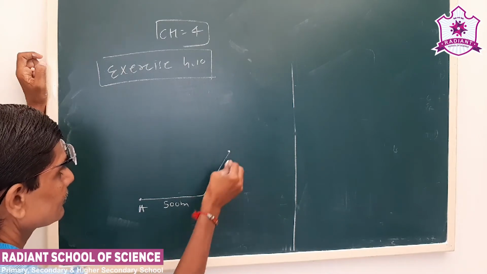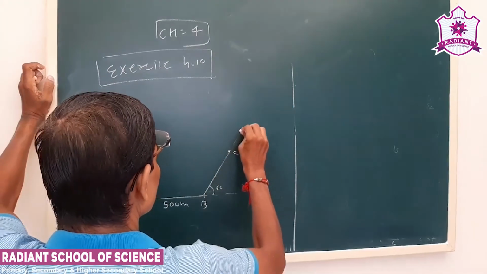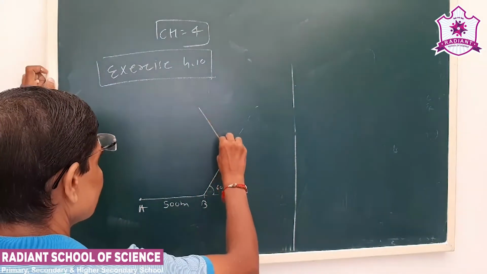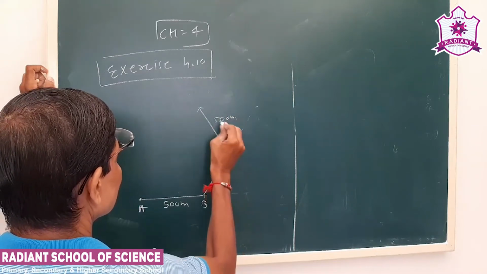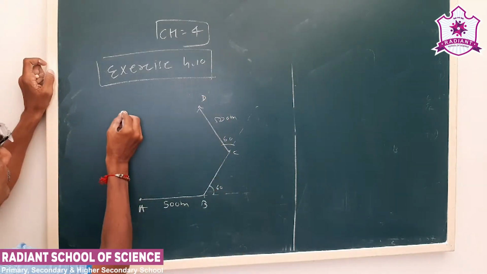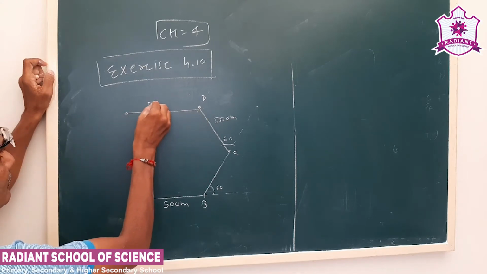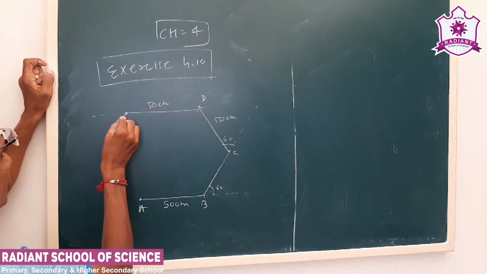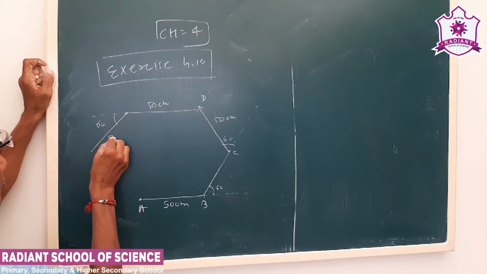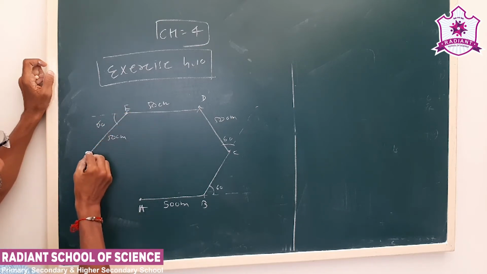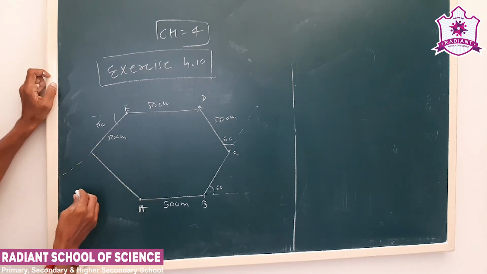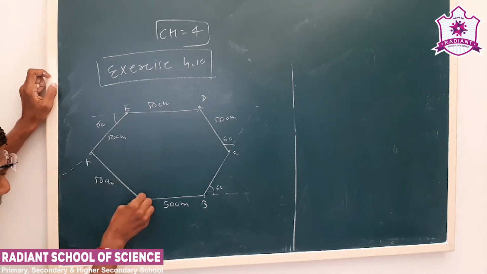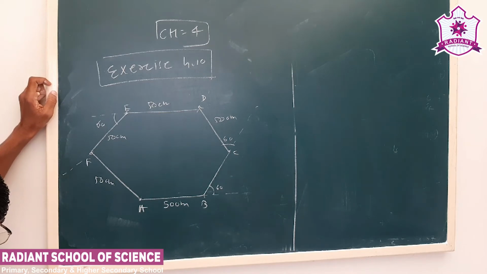Then again, after covering 500 meter, it bends by 60 degree. Now continue.